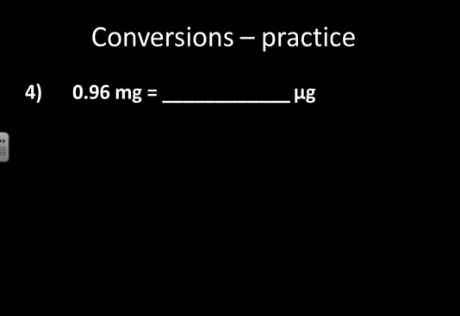Convert that to micrograms. If you're stuck, this is the hint I can give you. This is a 2-fraction conversion. Once you've tried this problem, hopefully you've discovered that the answer is 960 micrograms.